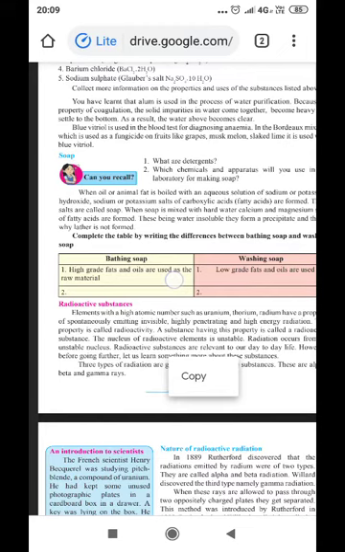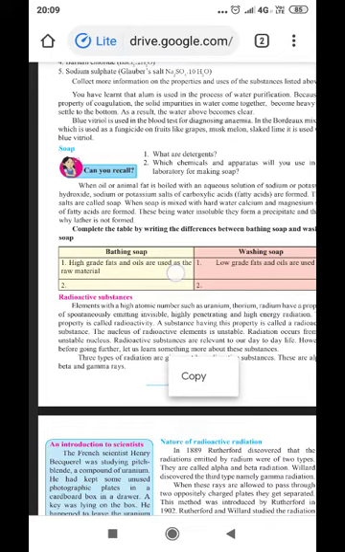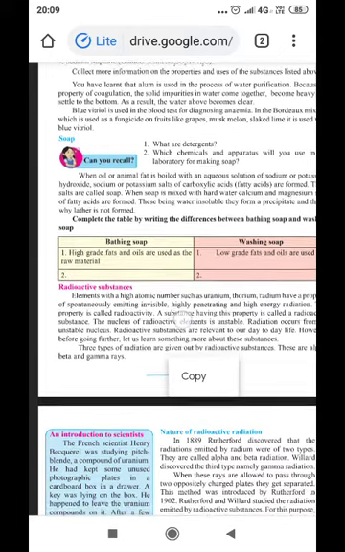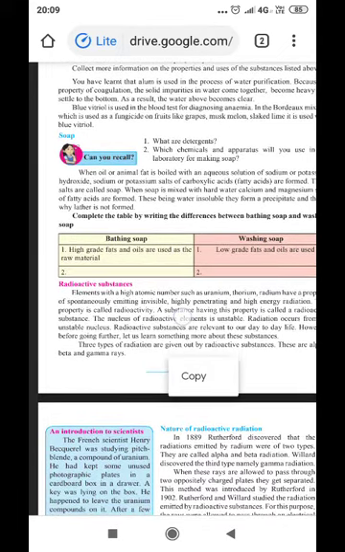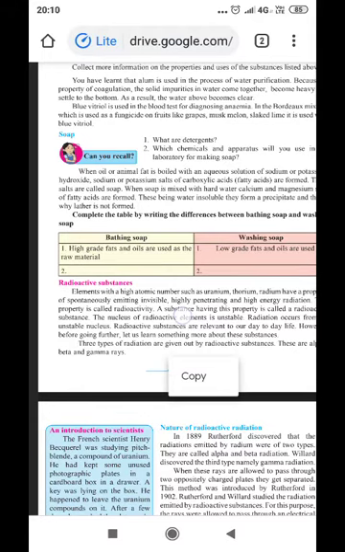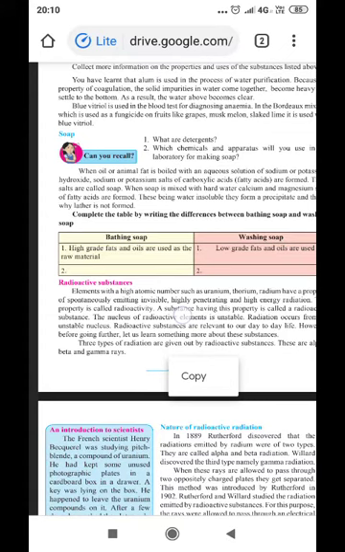In the Bordeaux mixture, which is used as a fungicide on fruits like grapes and muskmelon, slaked lime is used with blue vitriol. Blue vitriol is copper sulfate, which is blue in color, and therefore the name blue vitriol.